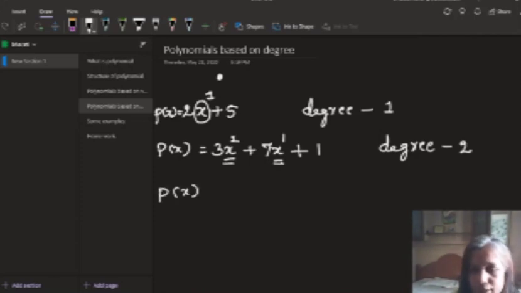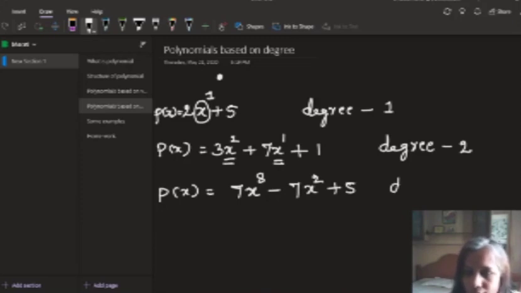Next, p of x is equal to 7x to the power of 8 minus 7x to the power of 2 plus 5. Here, I think now you have understood the rule, that is the degree of this polynomial is 8, the highest power of the variable.